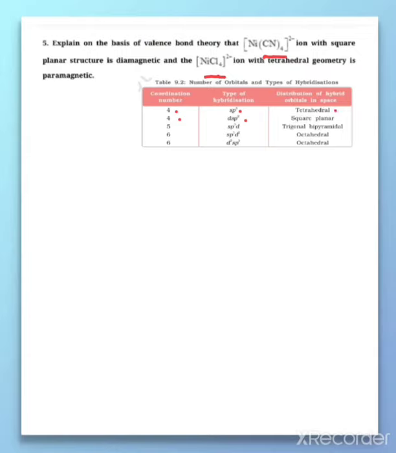When it has sp3 hybridization, the geometry is tetrahedral, and when it has dsp2 hybridization, then it has square planar geometry. So depending upon the hybridization, its geometry differs. Let us see how the geometry of these differs on the basis of hybridization.